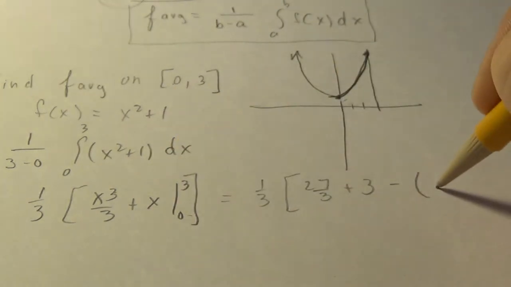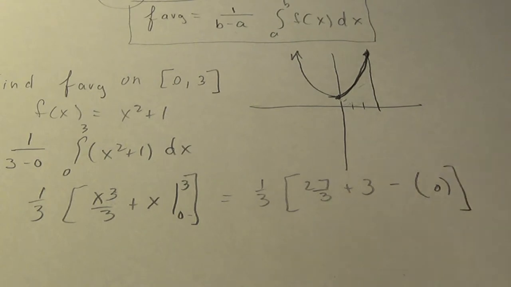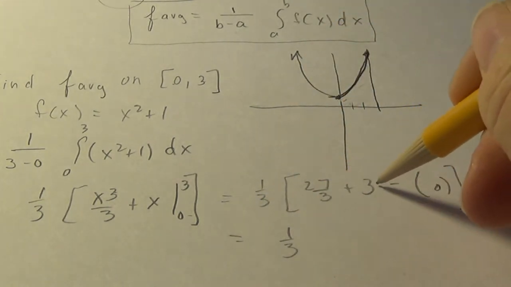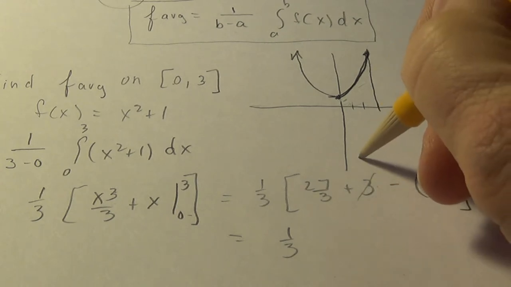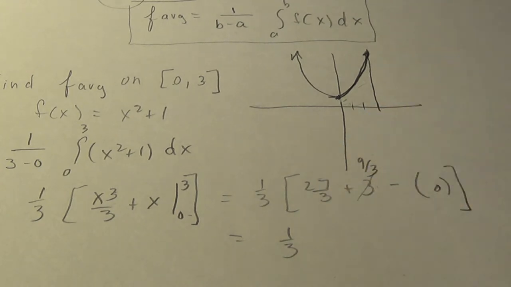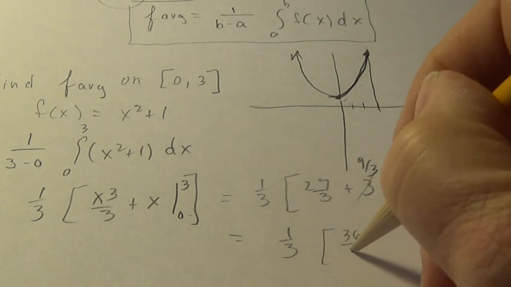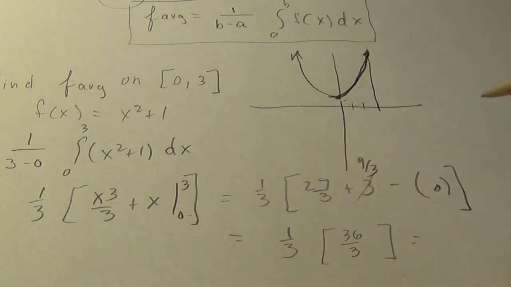When we put in the 0, we're just going to get 0. So we end up with 1/3. 27 over 3 is 9, plus 3 is 9 thirds... 27 and 9 are 36. 36 thirds. So multiplying, we get 36 over 9, or 4.